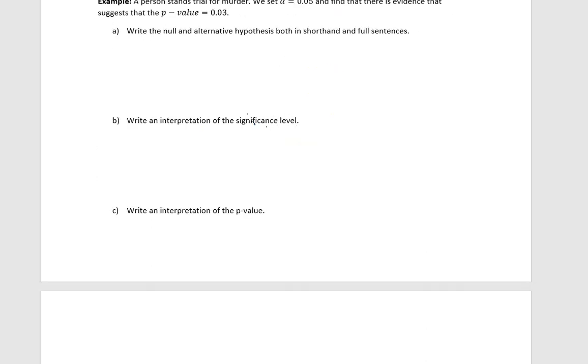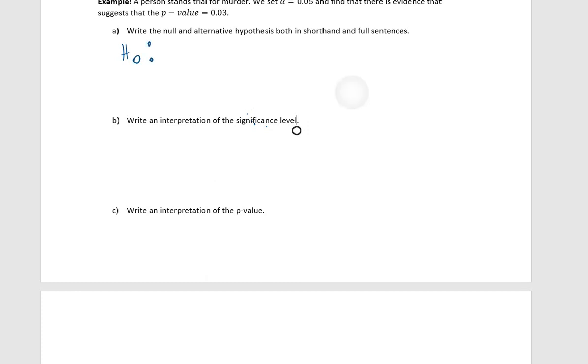Let's look at an example. A person stands trial for murder. We set alpha equal to 0.05 and find that there is evidence that suggests that the p-value is 0.03. First, let's state our null hypothesis in both shorthand and full sentences.